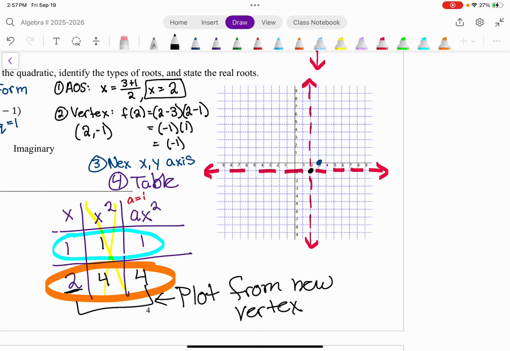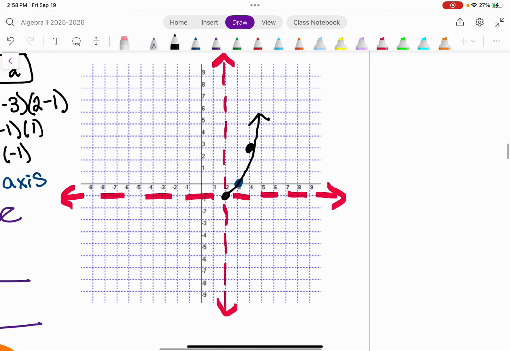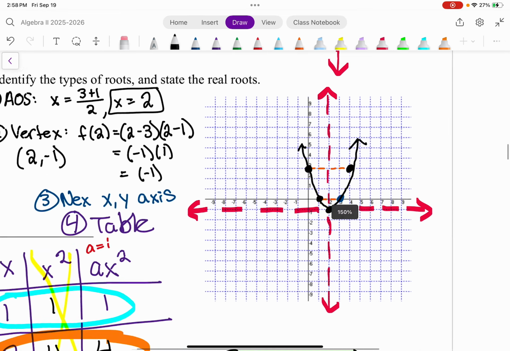So from our new vertex, we're going to go right 2 and up 4, plot our point. That, again, gives us half of our parabola. We then are going to reflect them over to the other side to get the other half of our parabola. So this point at the top was 2 spaces away. We're going to go 2 over to the left and plot our second point. And the point in the middle was only 1 away, so we'll go 1 in the other direction as well. Once you have that, you can draw in the last part of your parabola.